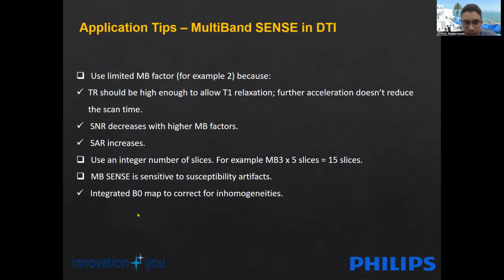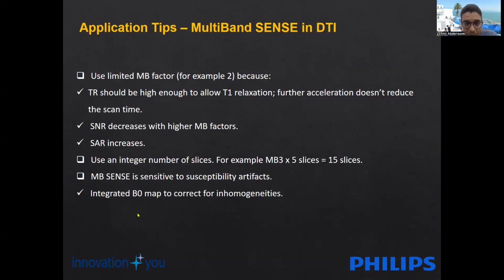Also, the SAR may increase when we go to 4 or 5. So just keep the multiband SENSE factor at 2 or maximum 3. Use an integer number of slices, for example multiband 3 with 5 slices will give you 15 slices.